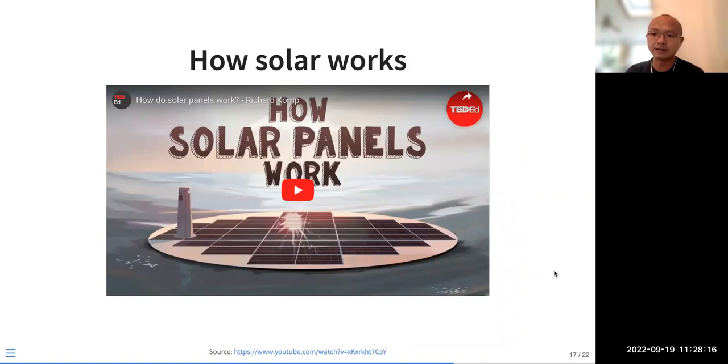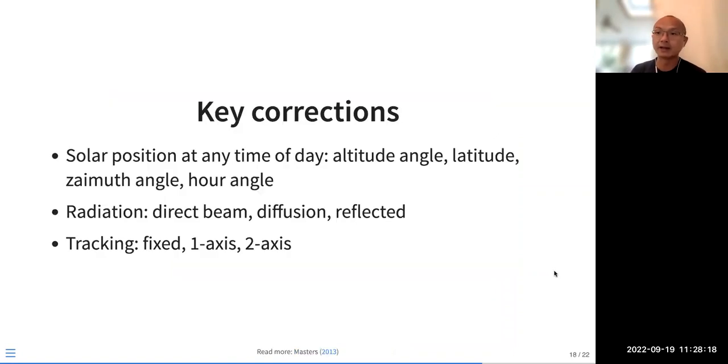We will talk about important factors. The power or energy for the solar system fundamentally comes from the sun, right? So the position of the sun has an impact on how much power we can get from the solar system.